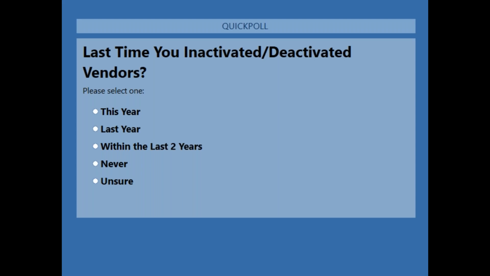So when's the last time you've inactivated or deactivated those existing vendors that you haven't done business with? This year, last year, within the last 2 years, never, or unsure. Go ahead and answer that last poll question. We'll give about 10 more seconds to make sure everybody gets a chance to vote, and then I will share the results.